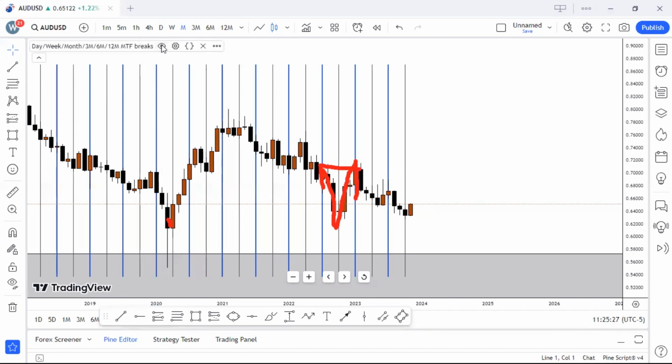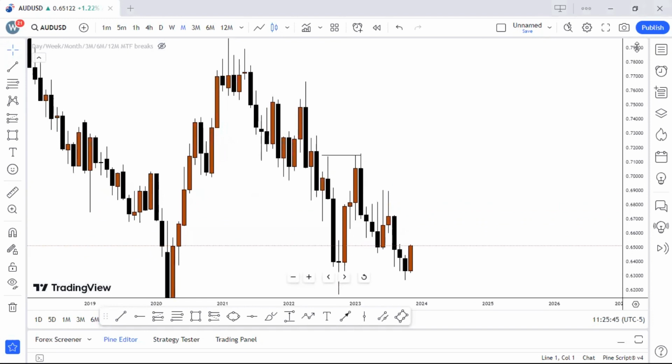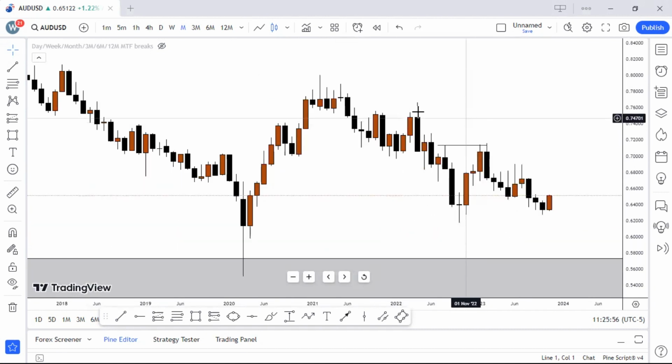So if I should erase this off and take this off, this is the clarity here. Okay? So we made what? A higher high. Look at it there. Made what? A higher high above the high.